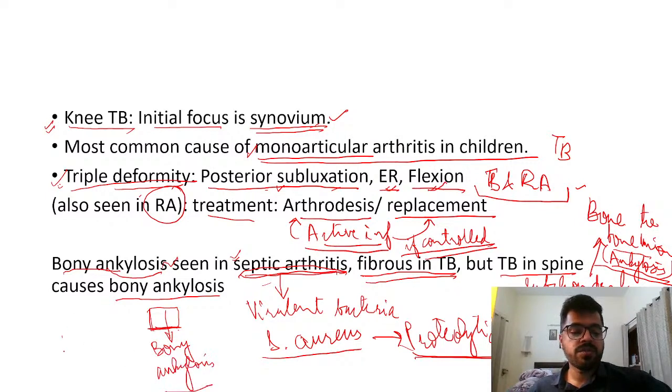While in hip the weight was leading to a little bit of shear forces and a bit of compression at the hip joint, so the forces were not that much to create a bony ankylosis in TB hip. But in TB spine, the ankylosis occurs because of greater compression.